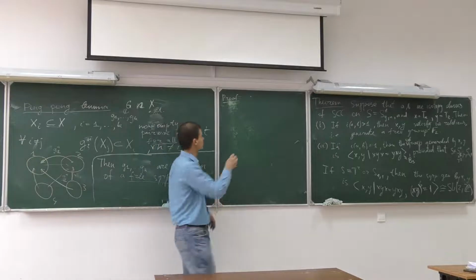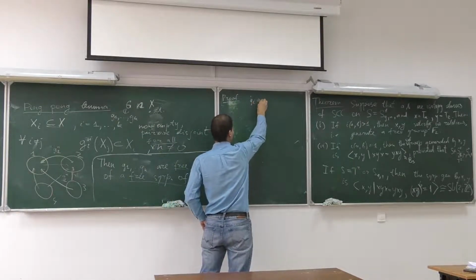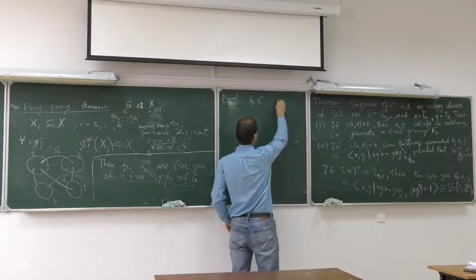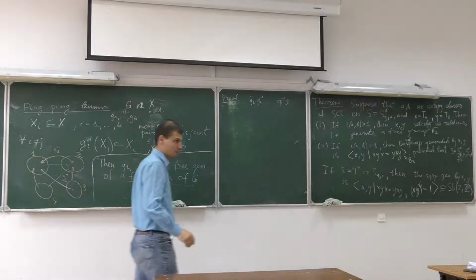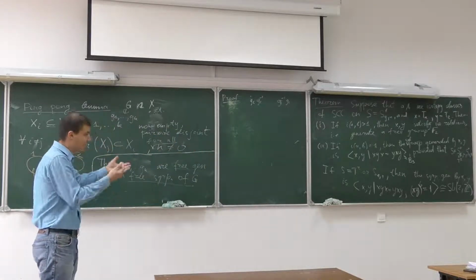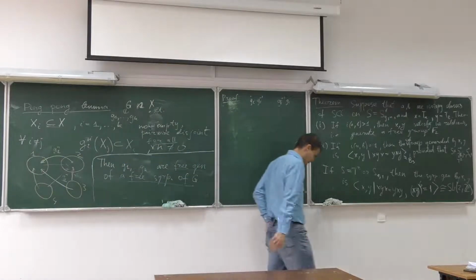That it doesn't contain g_i^{-1} g_i or g_i g_i^{-1} consecutively. If it contains them, then we can just reduce this word.